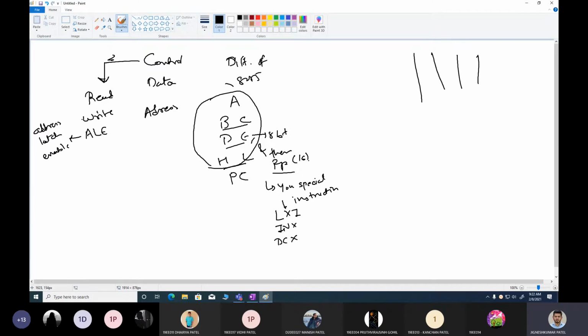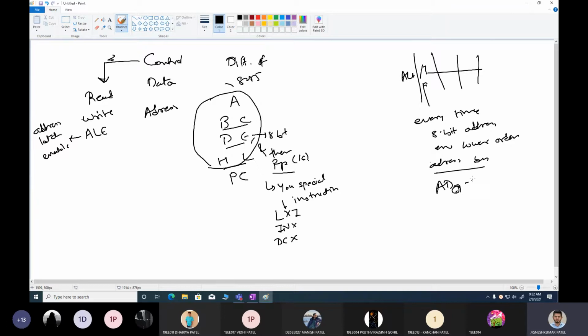In the timing diagram we have seen that ALE goes high for a half cycle every time you have an 8-bit address on the lower order address bus. What is the lower order address bus? It is the pins AD0 to AD7.